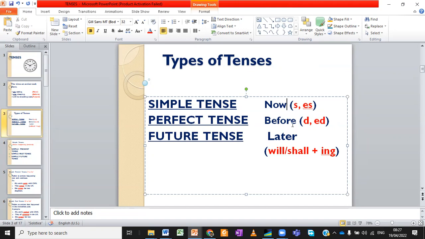Perfect tense refers to actions that happened before, and mostly you find D or ED in their past tense. Future tense refers to actions that will occur later, and mostly you find either of these two words, will or shall.